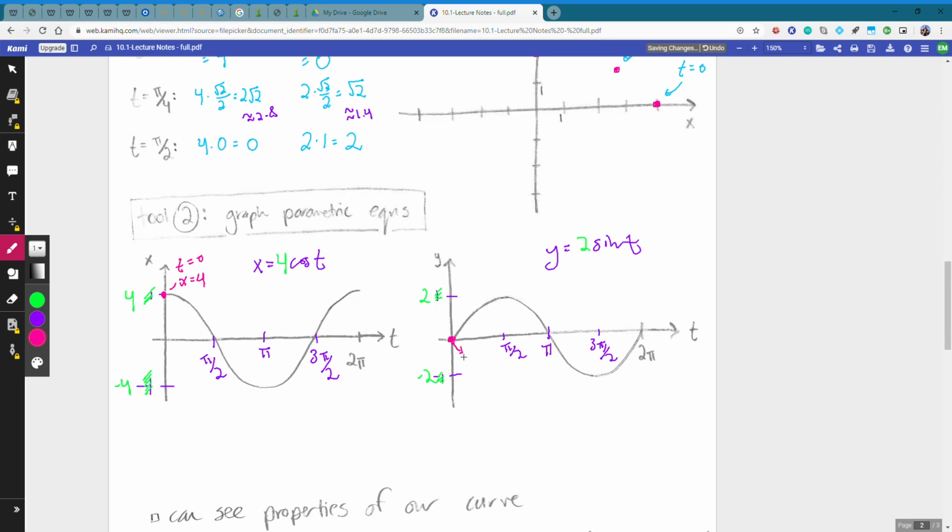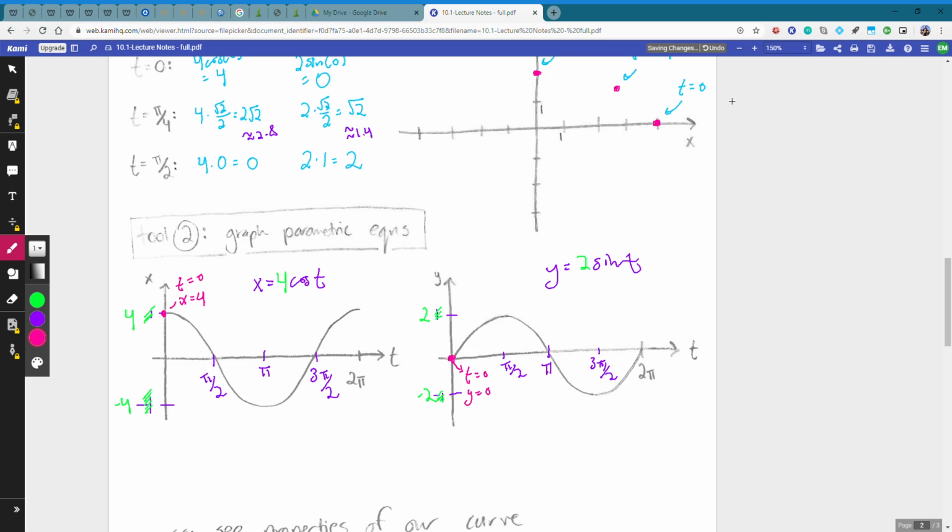This is showing us that at t equals 0, our y-coordinate is 0. And that's absolutely true. That's the first point that we found over here. t equals 0 is the point (4, 0). And so we're seeing that here with our graph.